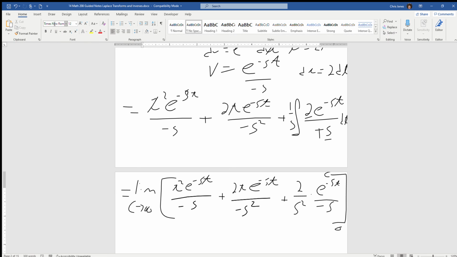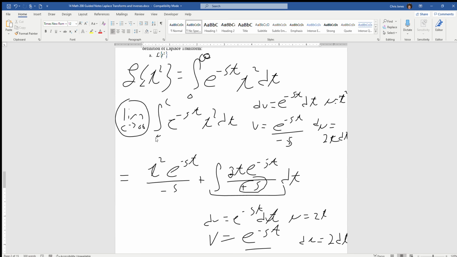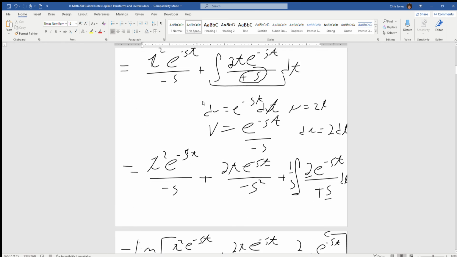And remember, this is a definite integral, so we have to go all the way back up here.